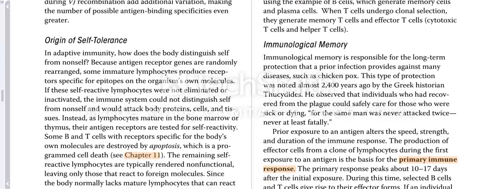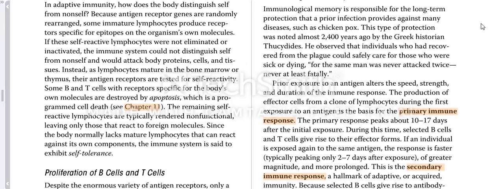So, on to memory. The basis of immunological memory is what we have been discussing about adaptive immunity, where you are presented with a pathogen once, and upon a second presentation, your body is better equipped to fight off that pathogen. The first introduction is called the primary immune response.